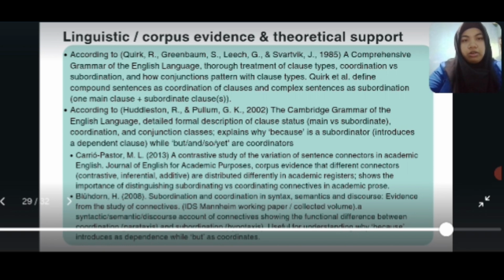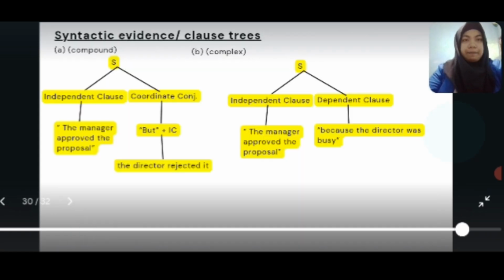And then Bluhdorn, Hayes 2008, a syntactic, semantic or discourse account of connectives, showing the functional difference between coordination and subordination, useful for understanding why because introduces a dependent clause while but introduces a coordinate one.